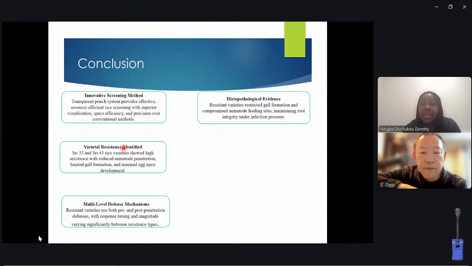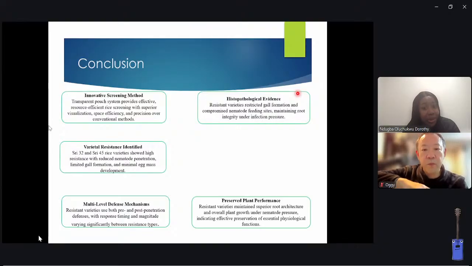And the resistant varieties, SRI 32 and 45, restricted gall formation and compromised the nematode feeding site, maintaining root integrity under infection pressure, which was seen during the research.